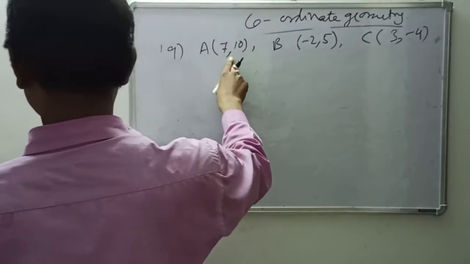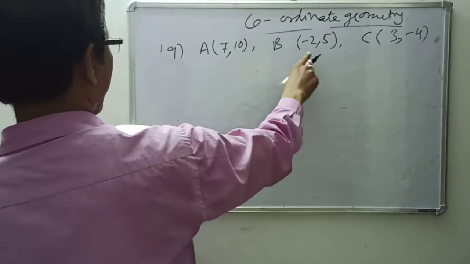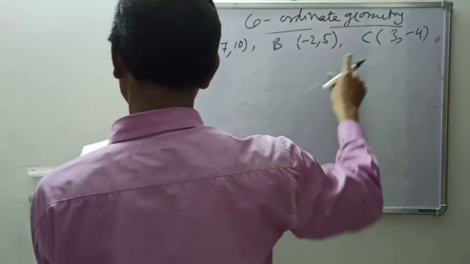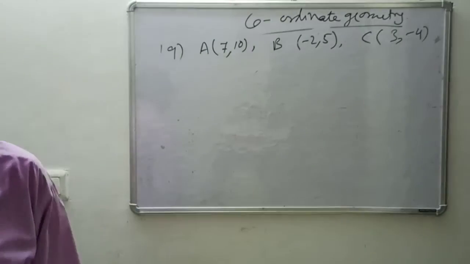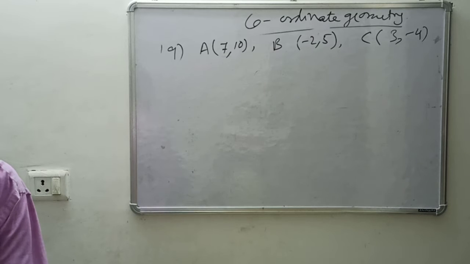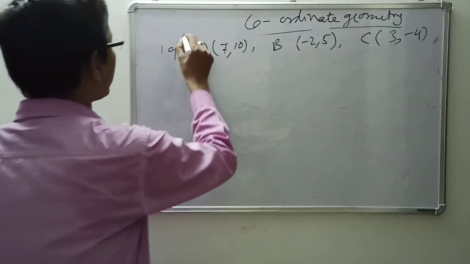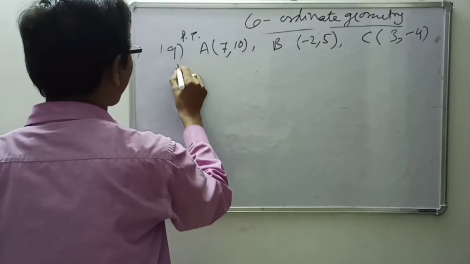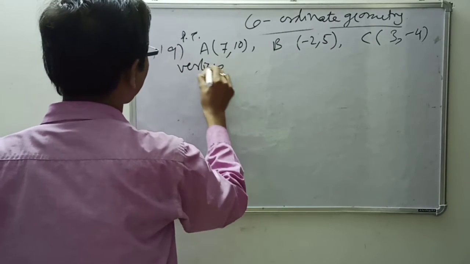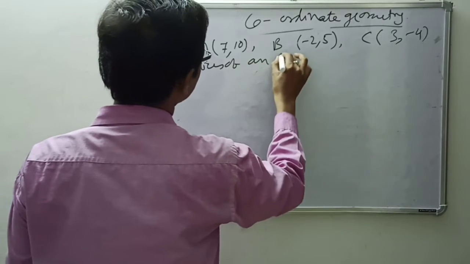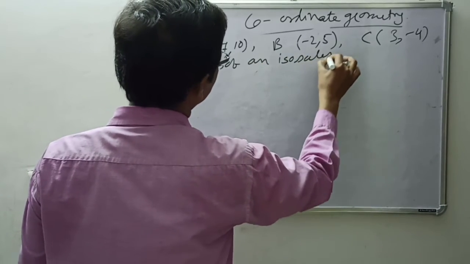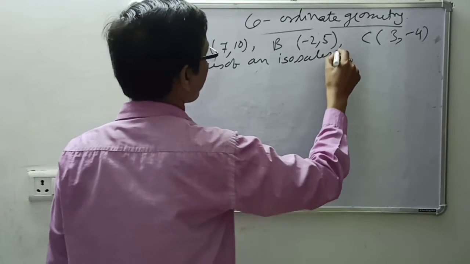A 7, 10, B -2, 5, C 3, -4 are the vertices of an isosceles right triangle. Isosceles right triangle. Prove करना है, जब prove that these are the vertices of an isosceles right triangle.